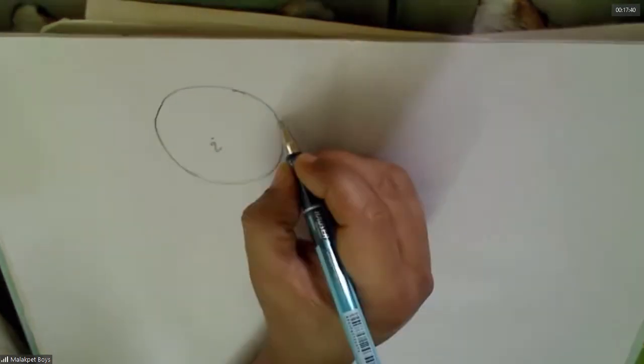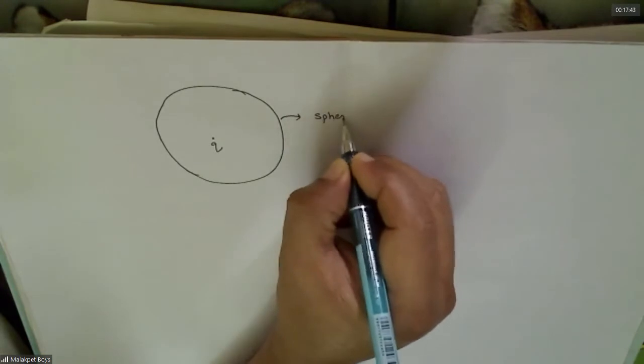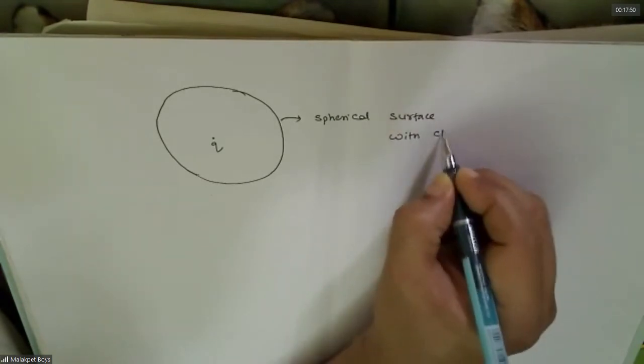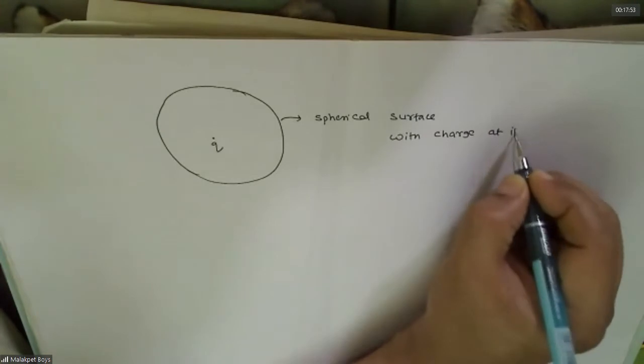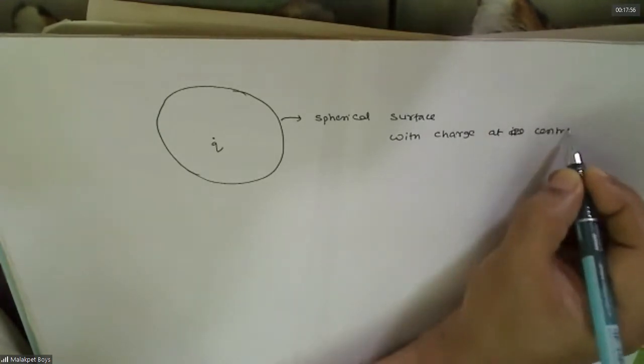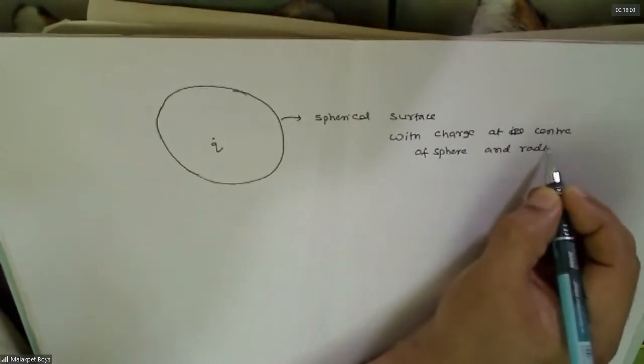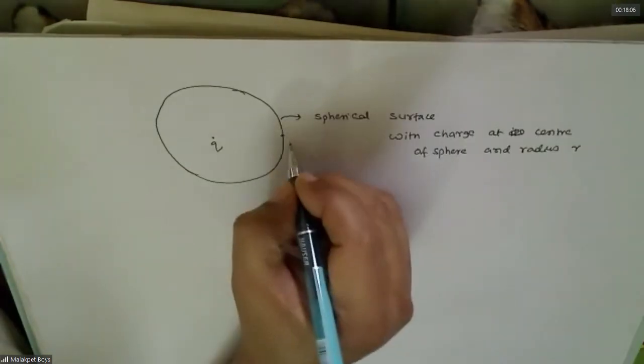Shall I turn this? Now see, by choosing the proper Gaussian surface, if I choose a sphere, we need here only the distance of r.